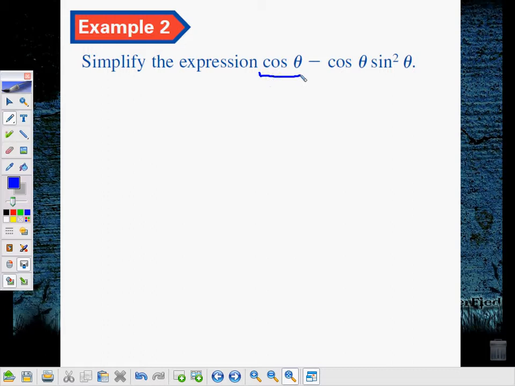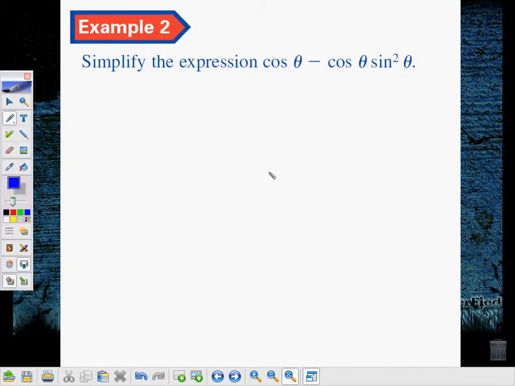It has this term and this term, and it has 2 functions. It's got a cosine function and a sine function in it. I want to get it down to the least number of terms, least number of functions. So ideally, this would turn into 1 term and 1 function. I don't know if that's going to happen, but that would be the ideal.